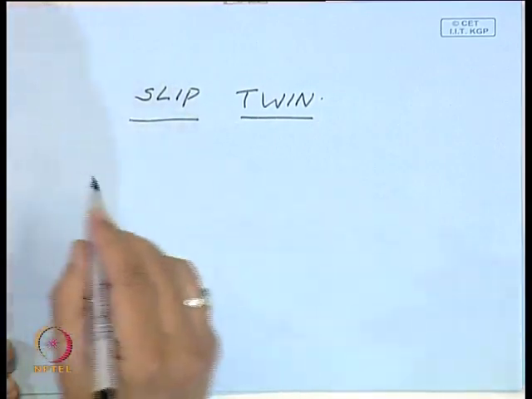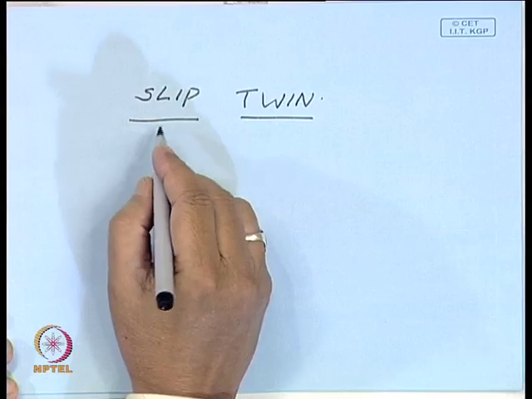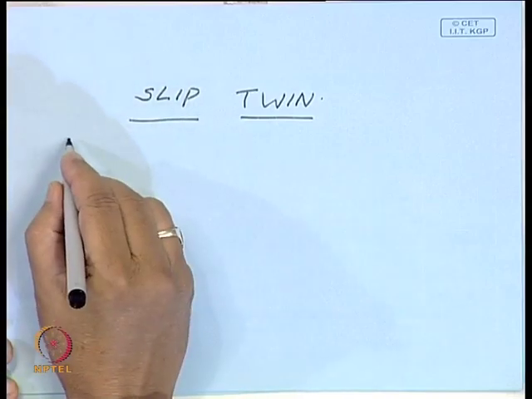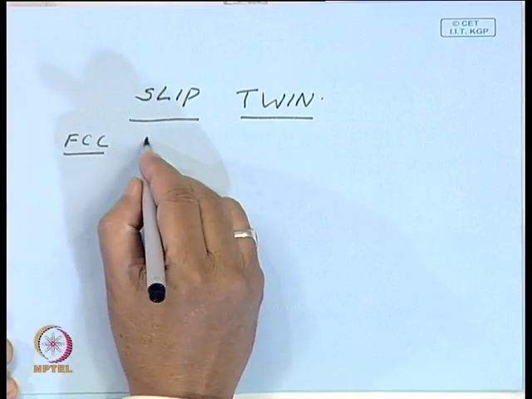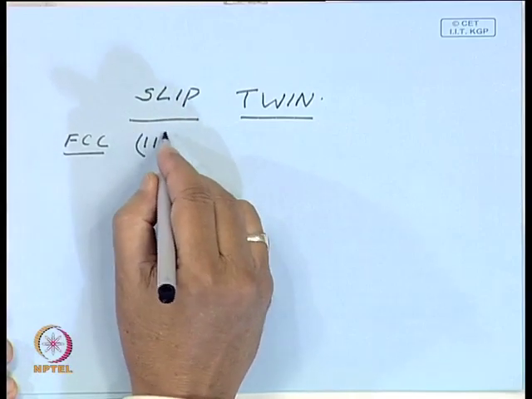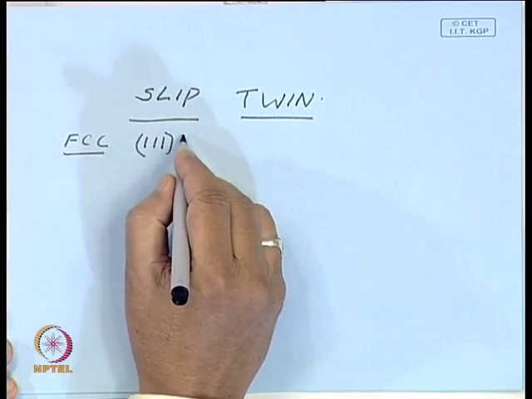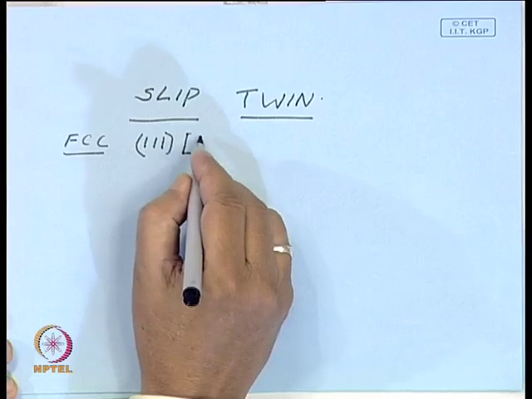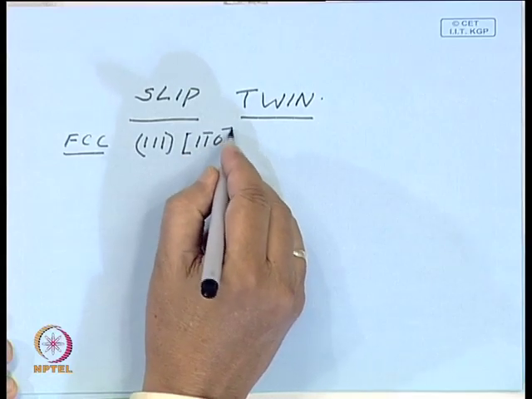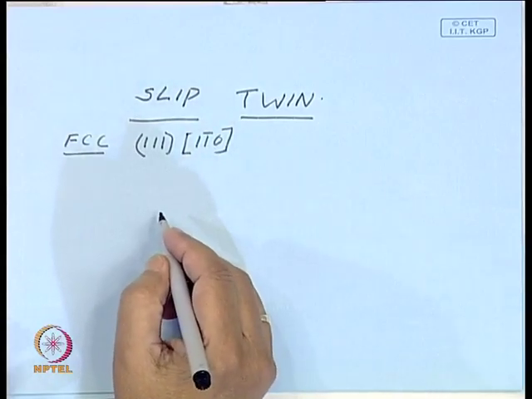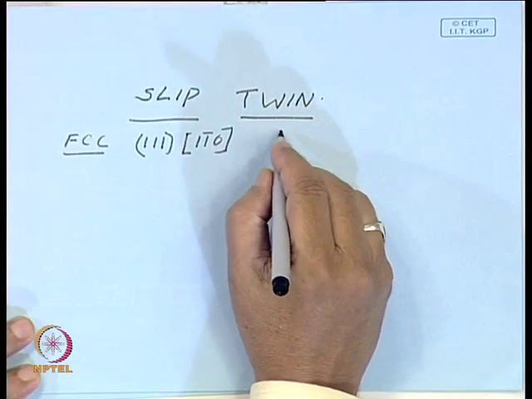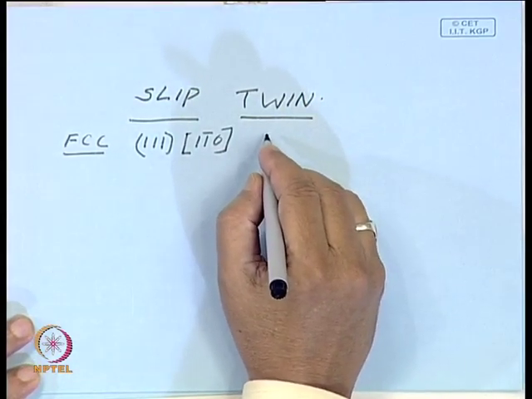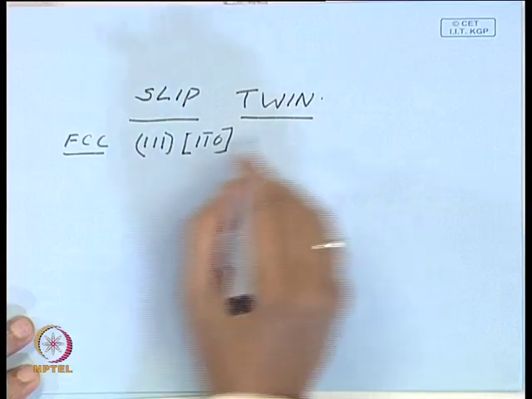Slip takes place on specific planes along specific directions, and for each crystal like FCC, it takes place on plane 1 1 1 along direction 1 1 bar 0. Similarly, in twin also it takes place on a specific plane along a specific direction.